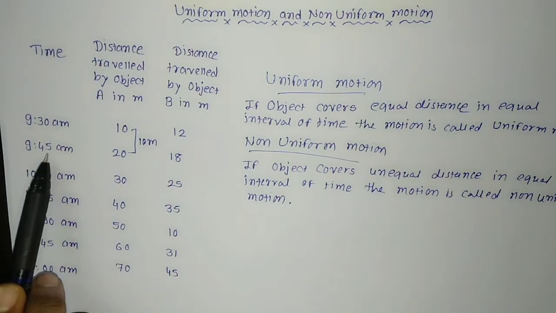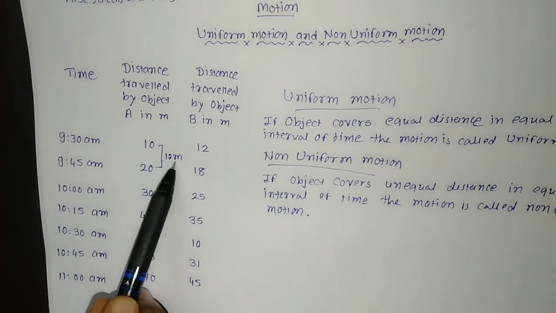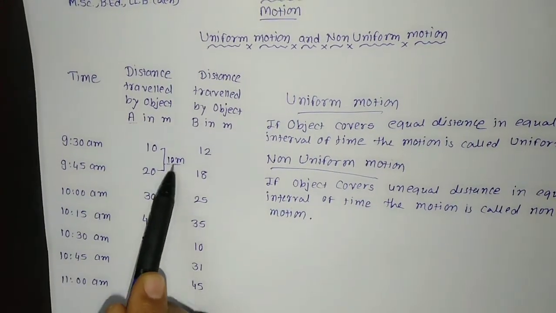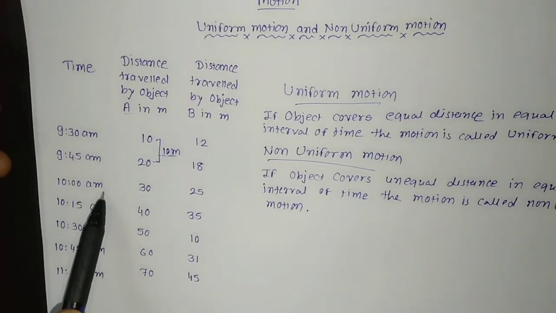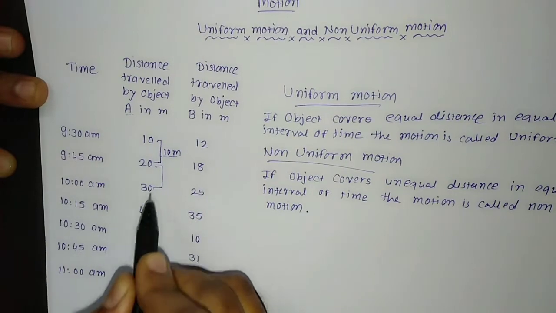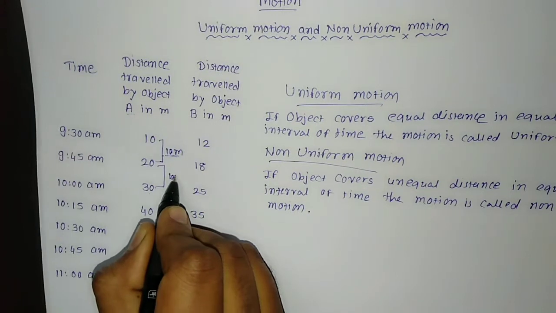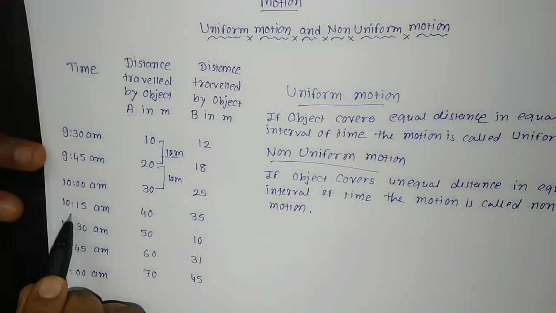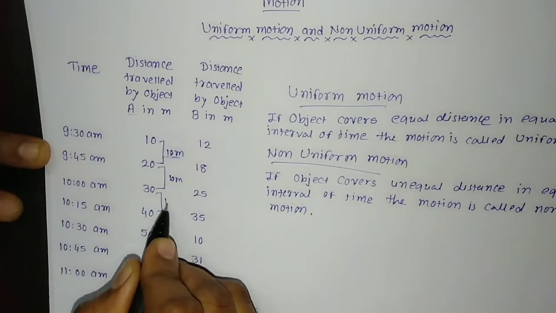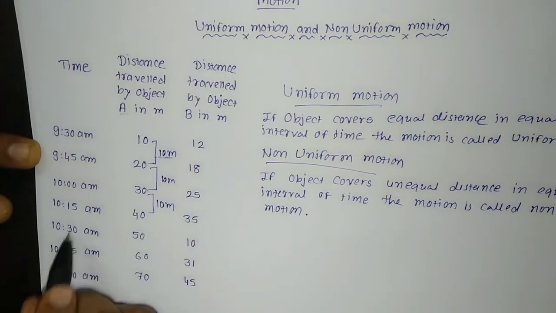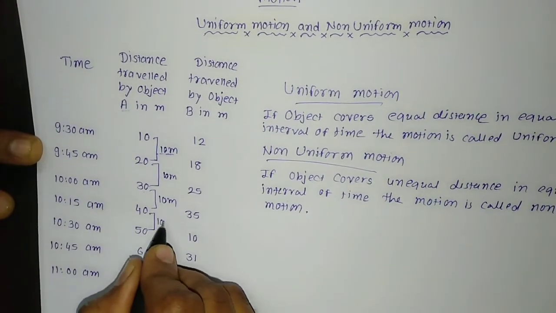Similarly, in the 15 minutes from 9:30 to 9:45, a distance of 10 meter has been traveled by object A. In the next 15 minutes, to 10 am, it reaches 30 meters, so 30 minus 20, again 10 meter. Again the next 15 minutes, the distance traveled is 10 meter. Again 10:15 to 10:30, 50 minus 40, 10 meter.